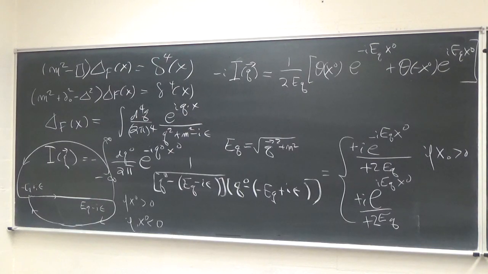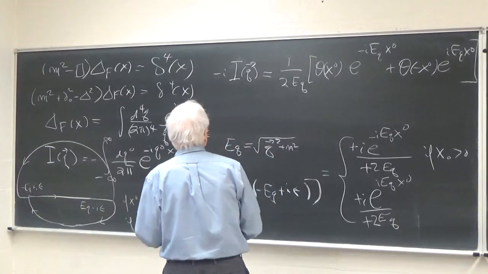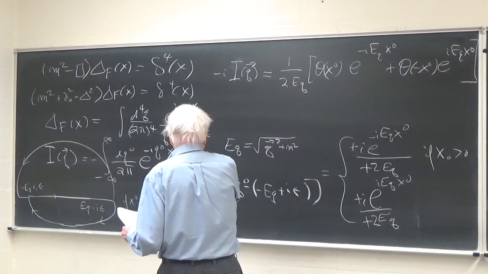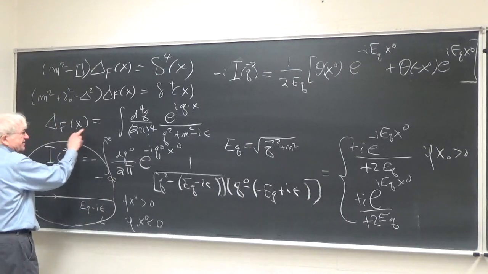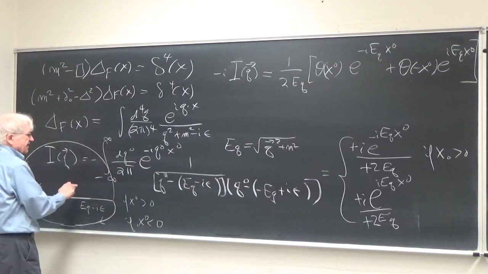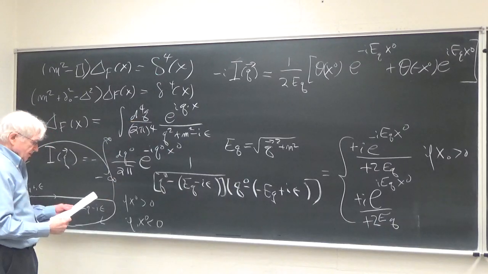So that's the key integral in this. The rest of the thing is pretty much simple. Now, so Delta F is equal to this. We just did the q0 integral.